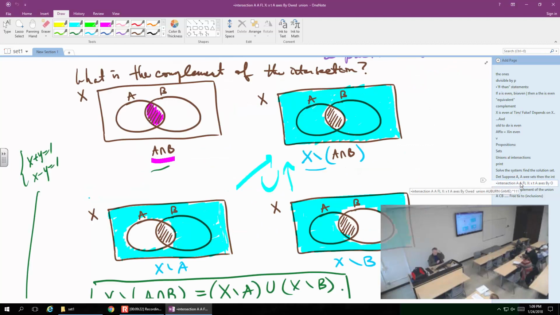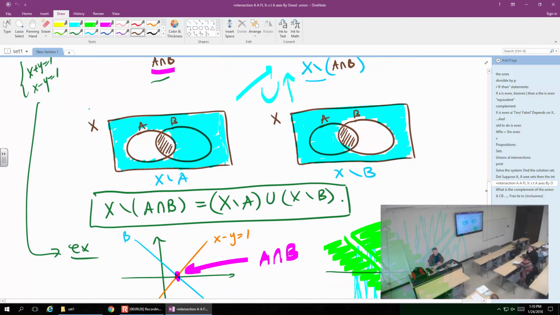Okay, so this one worked out fairly easily, I suppose, even though it's certainly not obvious ahead of time what the answer would be. But now I hope you can anticipate some of the results. So what happens to the complements? That's what we illustrate here. What happens to the complement of the intersection?